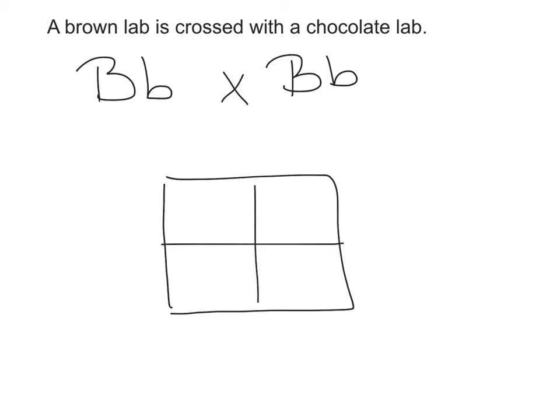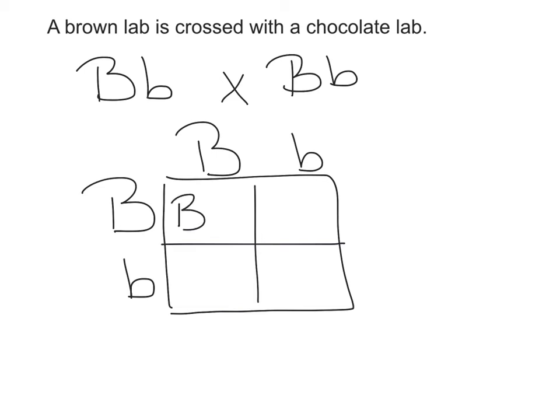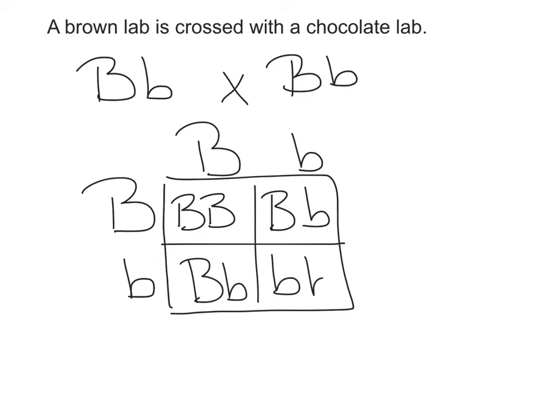So there's our Punnett square. We've got big B, little b for parent number 1, big B, little b for parent number 2. Now we can fill in our square. So big B, big B, big B, little b, big B, little b, little b, little b. Okay, so the question asks for both the genotypic ratio and the phenotypic ratio.